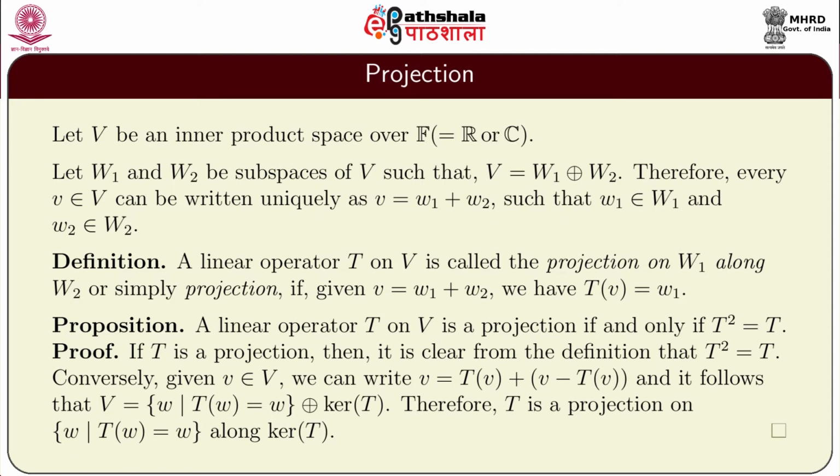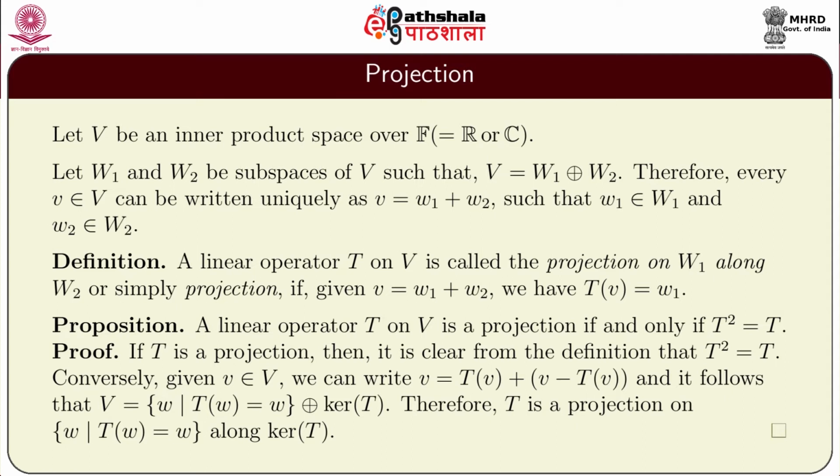Because we start with a vector v, decompose it as w1 plus w2, and then T of v by definition is w1. And we know that this decomposition is unique, and therefore when we apply T again, then it is nothing but T of v, which is w1.